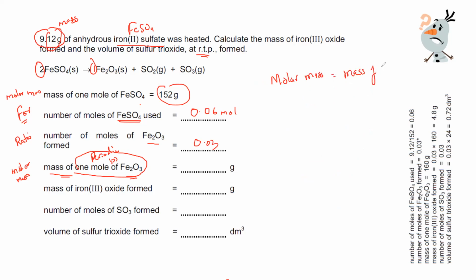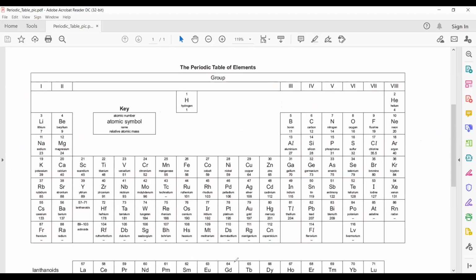So we have to use a periodic table. For iron 3 oxide, Fe2O3, iron is 56 times 2 plus oxygen is 16 times 3.